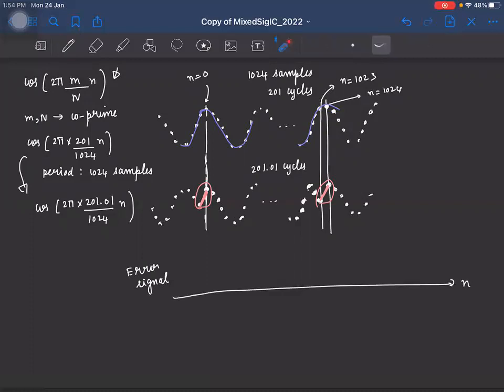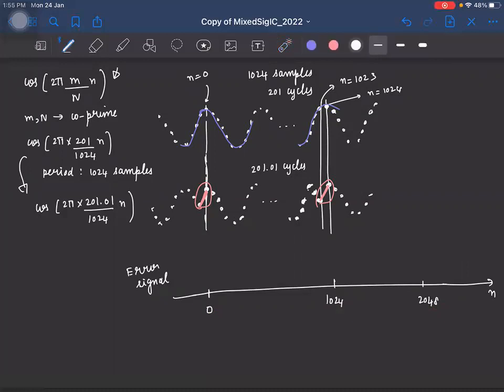We notice that this error, that is these jumps, occur at the boundaries of the window. So we'll have this error occurring at n equal to 0, at 1024, at 2048, and so on. Let me extend the axis further. At every multiple of 1024, we'll have this error getting added.